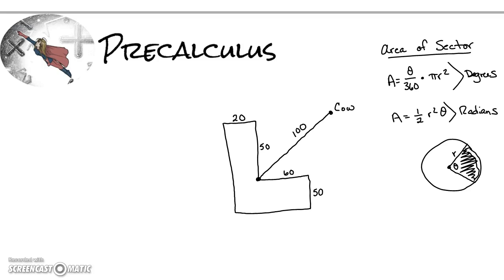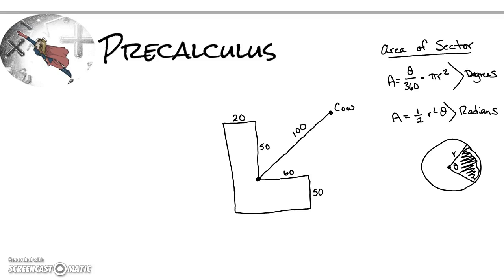It's just a fraction of the entire area of the circle, which is why the degree formula has pi r squared as part of its formula. And then the radian formula looks different just because once you do a conversion, things cancel in that formula. But we don't have to show that. You can just use whichever formula you feel most comfortable with.